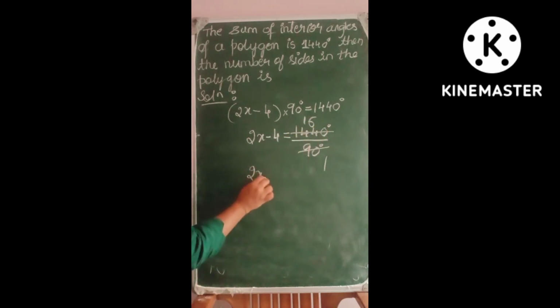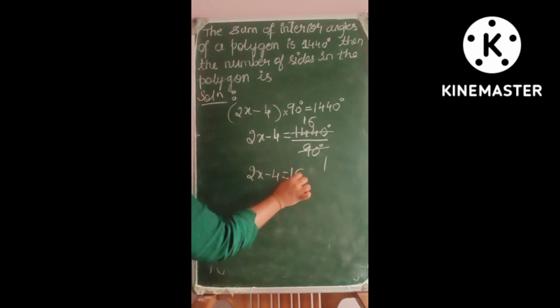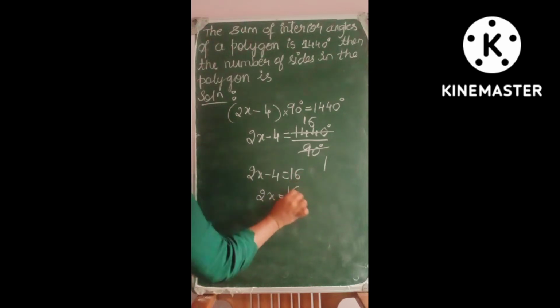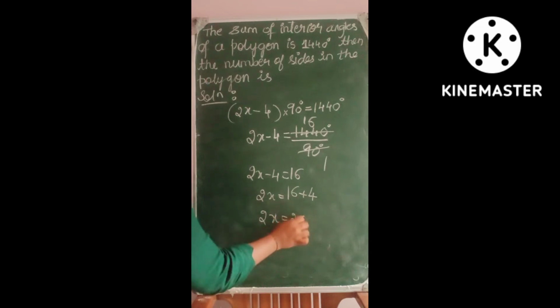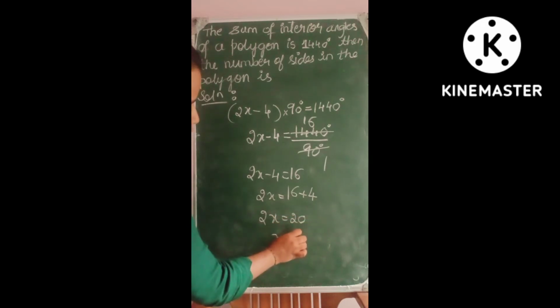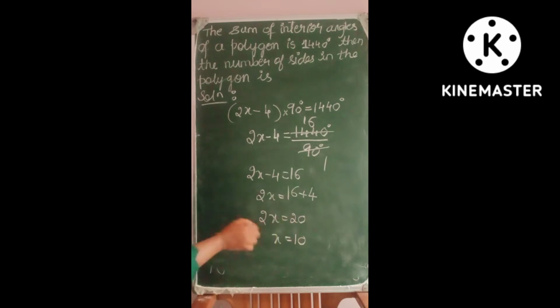That is 2x minus 4 is equal to 16, or 2x is equal to, taking this to this side, 16 plus 4, that is 2x is equal to 20, or x is equal to 10, that is 20 divided by 2, 10 comes. That means the number of sides in the polygon is 10, that is what was asked to prove. Okay, so you will be given 4 options, and you have to choose one. x is equal to 10 sides, the polygon has 10 sides.